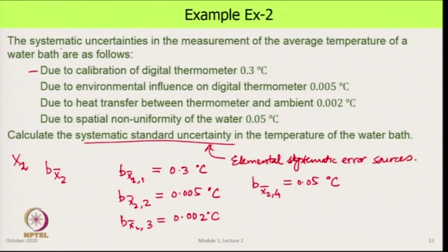We take it that the systematic uncertainty that is being given here is the systematic standard uncertainty, and that is why we wrote down these 4 values.